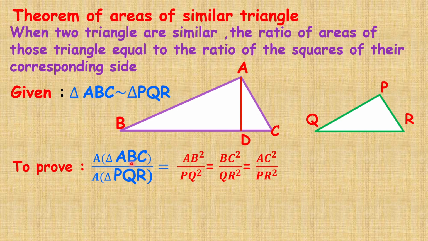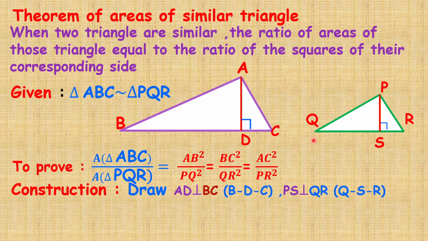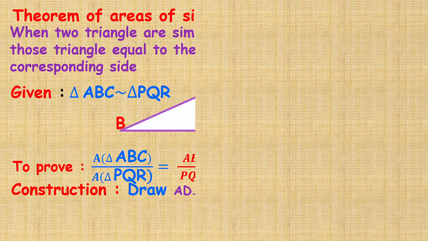Then we can find the area of triangle ABC. Similarly, to find the area of triangle PQR, we draw PS perpendicular to the side QR. This is the construction. Why do we take the construction here? To find the areas of triangles ABC and PQR. Now the proof.